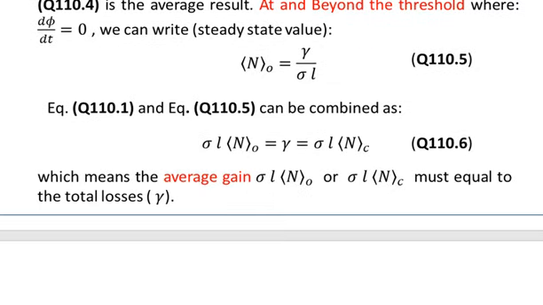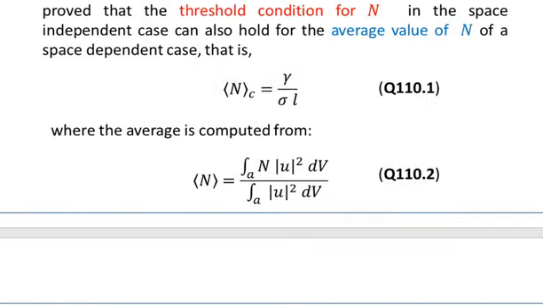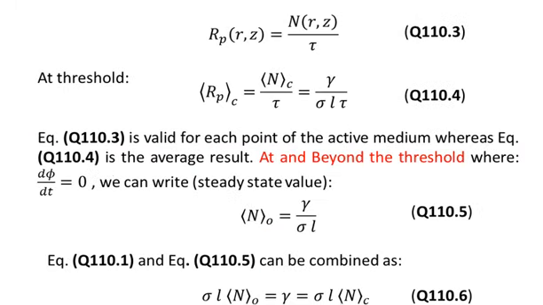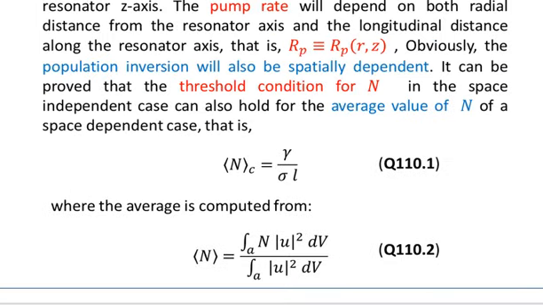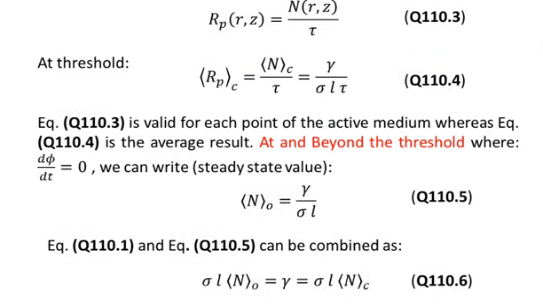Equation number 1 and equation number 5 can be combined. In equation number 1, I have reported the value of NC, which is the critical value of the population inversion, that is, the average of the critical value of the population inversion. And similarly, the steady state value has been given in equation number 5. As I told you, the average of n at the critical value C is the same as the steady state value.